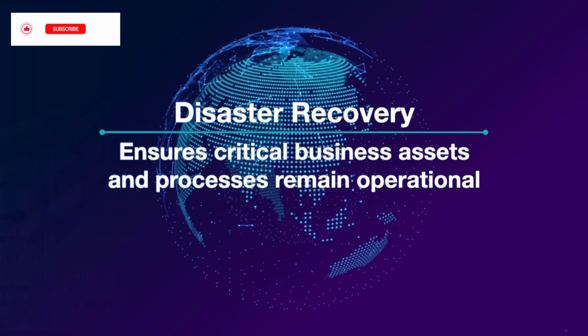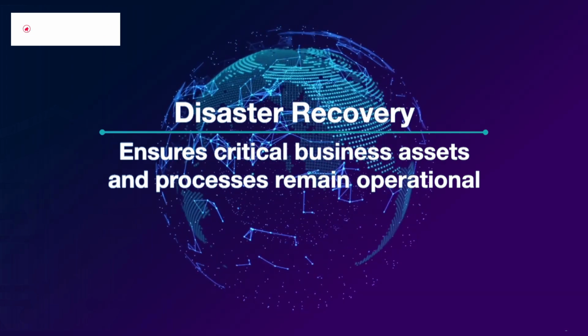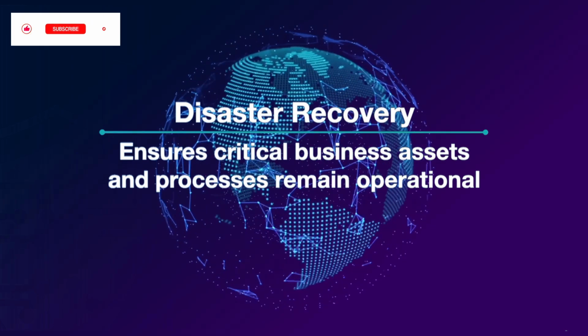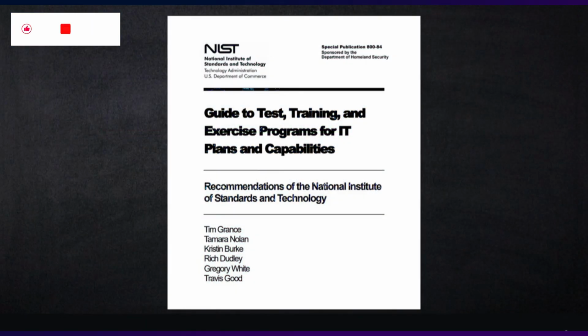Now the most important document you need to know for the CISSP exam is the NIST Special Publication 800-84. This is the Guide to Test, Training and Exercise Programs for IT Plans and Capabilities. Within this document, there are two specific tests or exercises that you need to be familiar with. The first is a tabletop exercise.